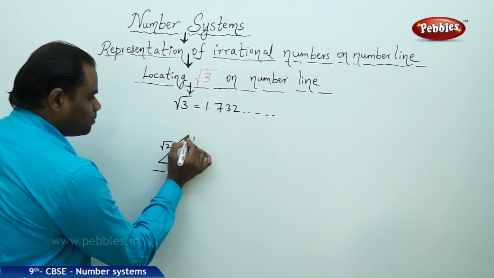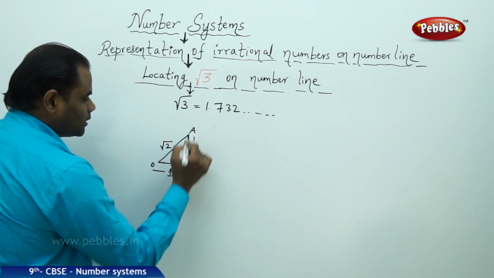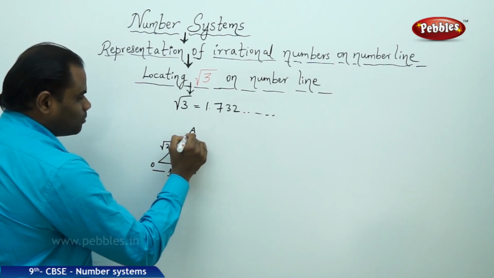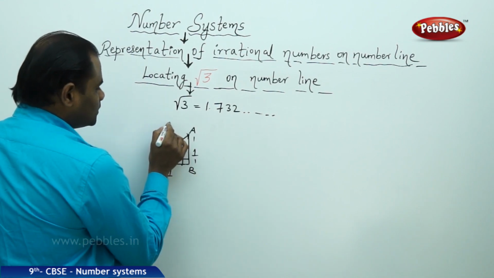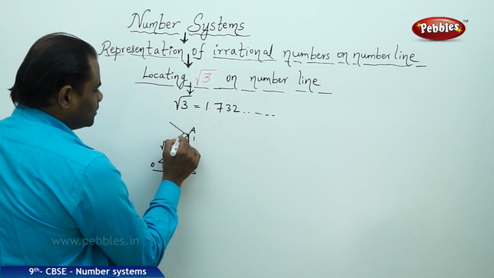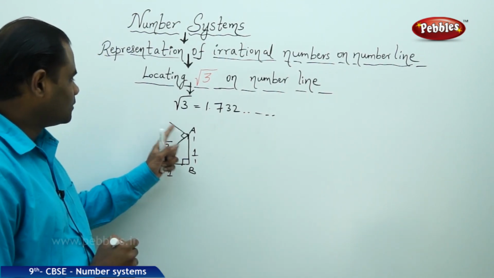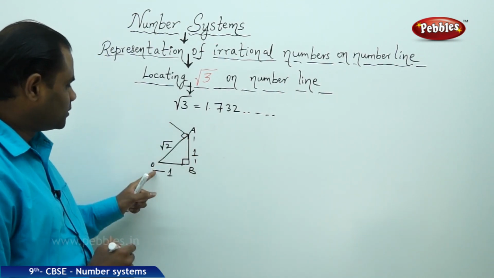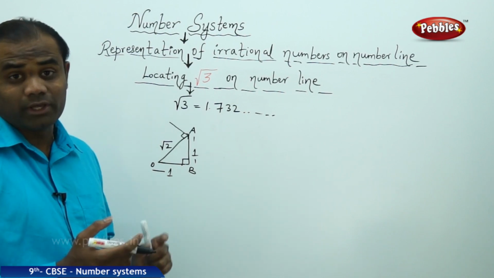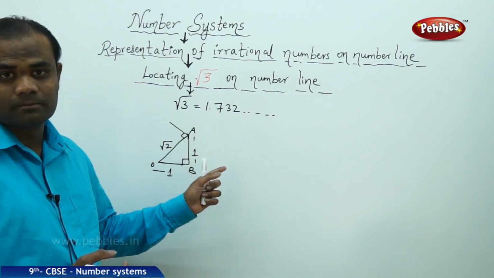Imagine I take the points O, A, B, and I take the point O and construct a line perpendicular to OA and passing through A. That is, I draw a line through A perpendicular to OA, the side OA of the triangle OAB.